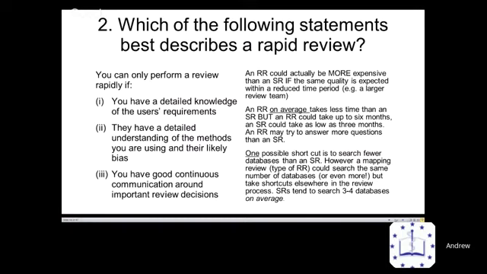And so in our short course, we actually say you may have to report your methods more clearly for a rapid review than for a systematic review, because people need to see how you've tailored the review to the user's requirements. And so good communication around important review decisions is key.